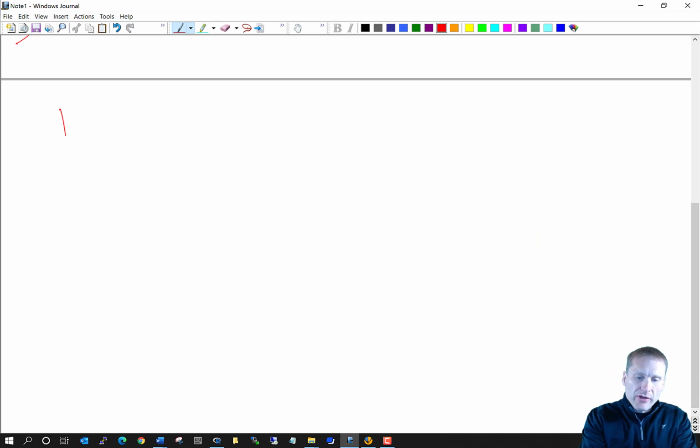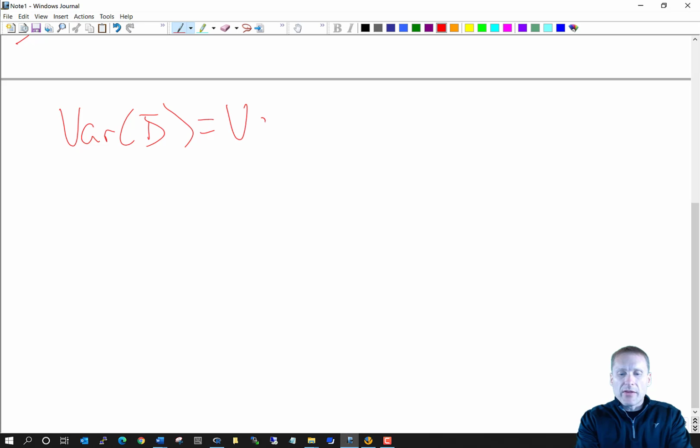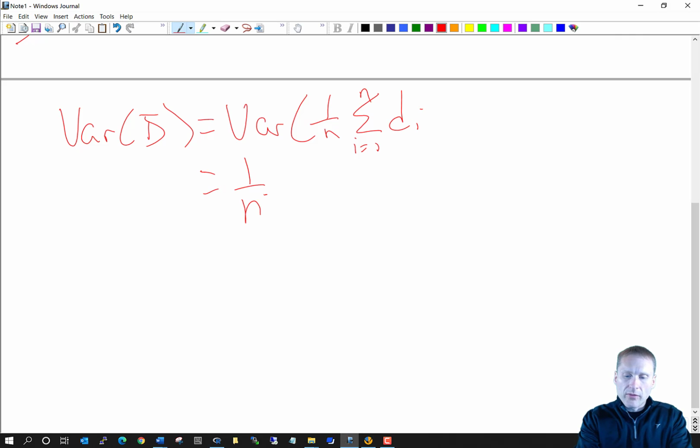Now, what we actually have, though, is the variance of D bar. So, again, using methods that we've seen before, let me write this out in terms of the summation. I can bring the 1 over n out as 1 over n squared. Okay.